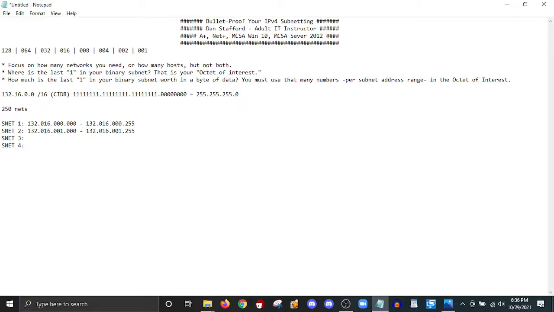Right, one number per address range in the third octet, because that last one is in the third octet and it's in the byte position for a value of 1. I get one number in the third octet. That's it, only one number to use. And that makes it pretty easy, actually, if you don't let it ruffle you there.